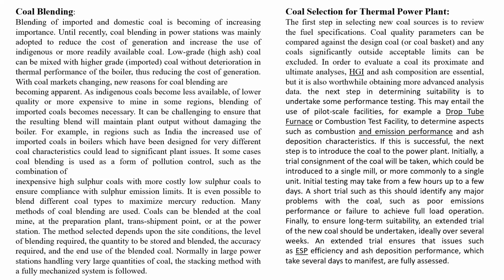So for the initial trial, only one mill is run during the project installation work. Initial testing may take a few hours to a few days. A short trial such as this should identify any major problems with the coal, such as poor emissions performance or failure to achieve full load operation.